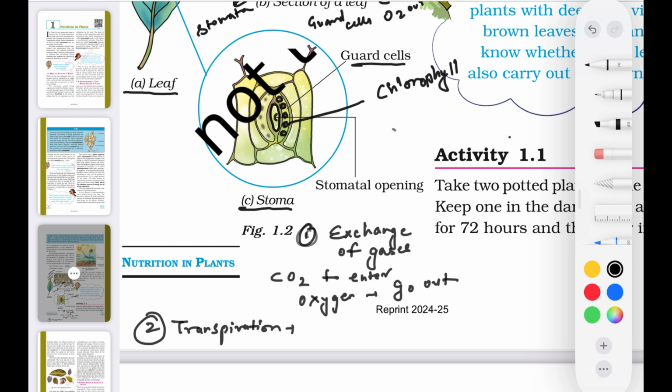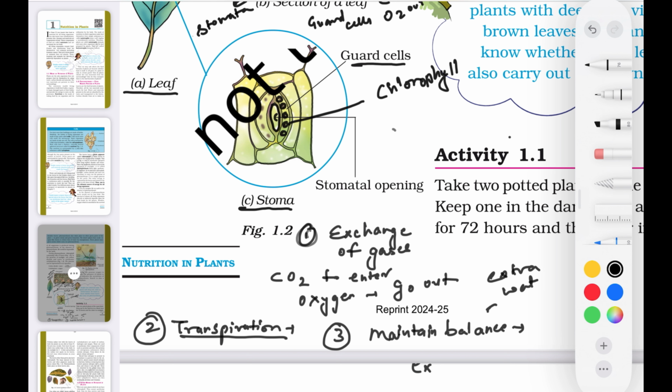Water vapor goes out of the leaf through stomata. Third is they maintain balance by opening and closing. So they prevent extra water loss. Stomata are present in leaves or in stems also, but not in roots.